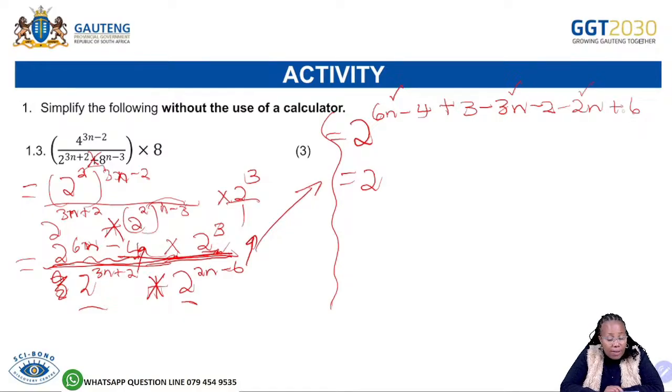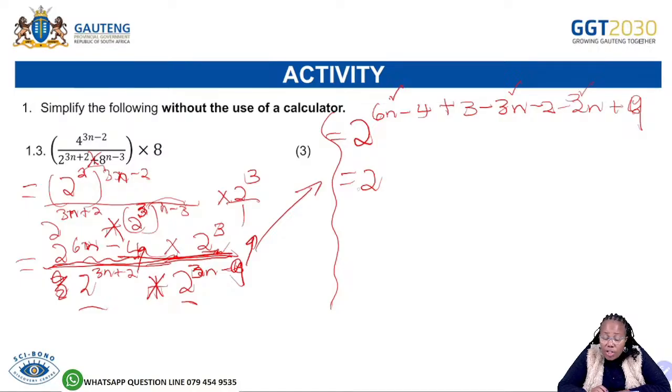Okay, and then from here, let's check again, grade 12. It looks like there's a mistake somewhere. Yes, this is 2 to the power 3. That is 2, 3n, and then 3 to the power 9 there. Happy now. Let's check again. Is 6n, yes, minus 4, yes, plus 3, minus 3n, minus 2, minus 3n, and then the plus 9 there.